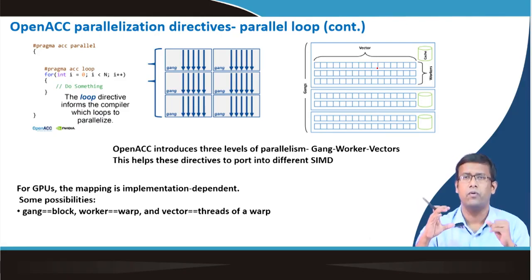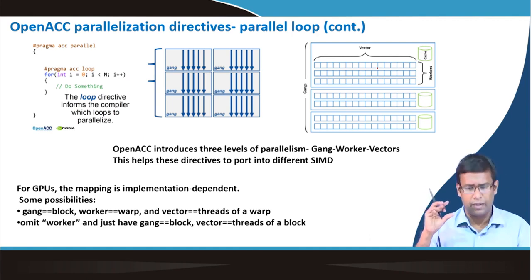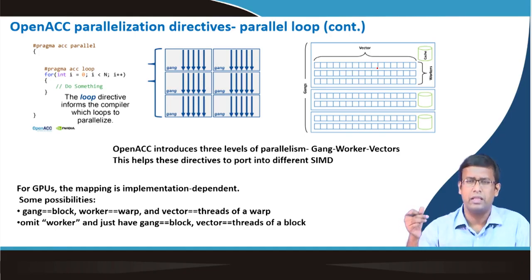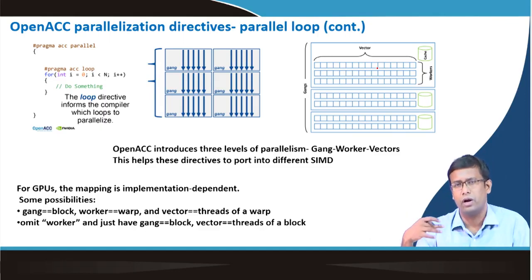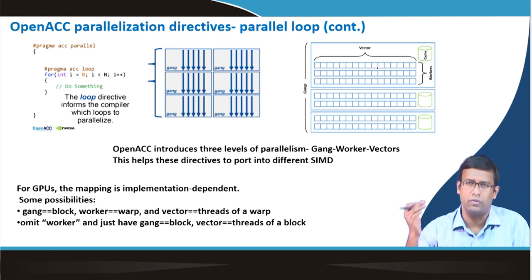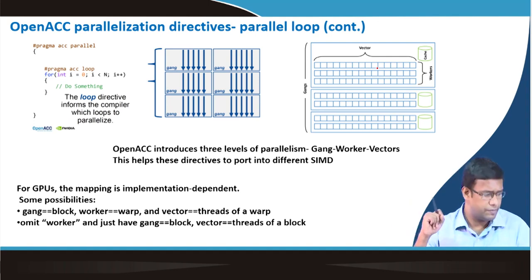Like multiple warps inside the block, there can be multiple workers inside the gang, and vectors are the threads of the warp. In some cases we do not need to think about the warp; we just look at gang and then vector. So this is based on the implementation. OpenACC decides how it will assign workers, or whether it will assign workers or not.